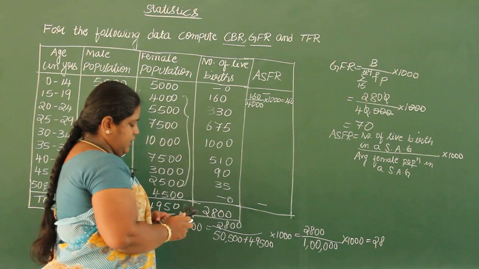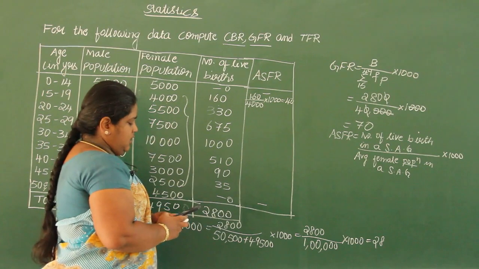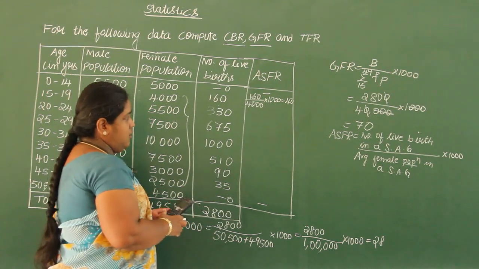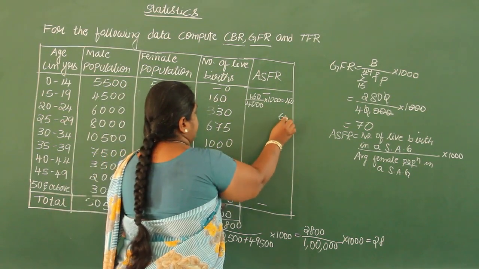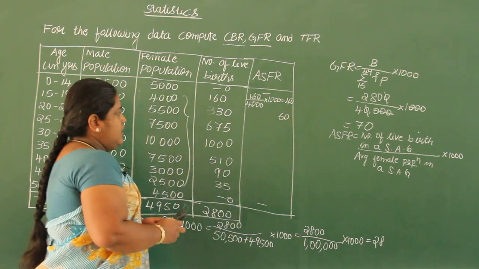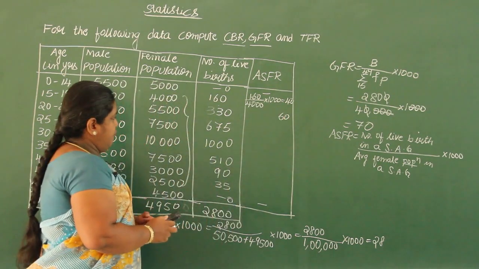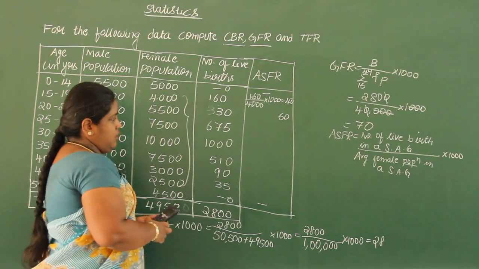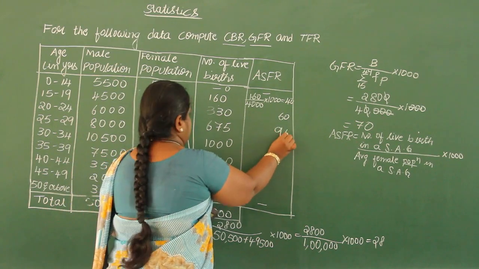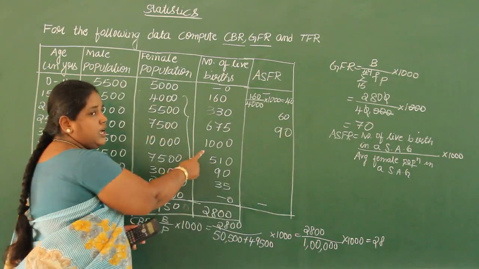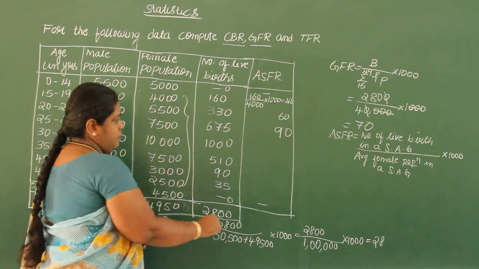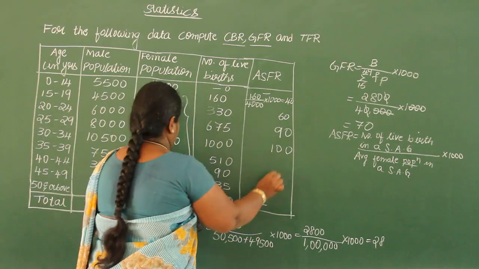Use the calculator. 330 divided by 5500 into 1000 is 60. Next value, 675 divided by 7500 is 90. Then 1000 divided by 10,000 into 1000 gives 100.